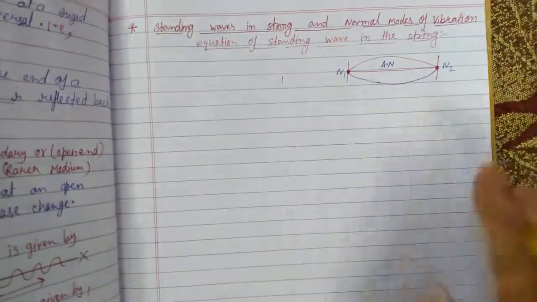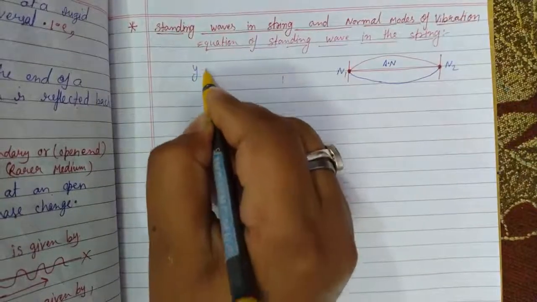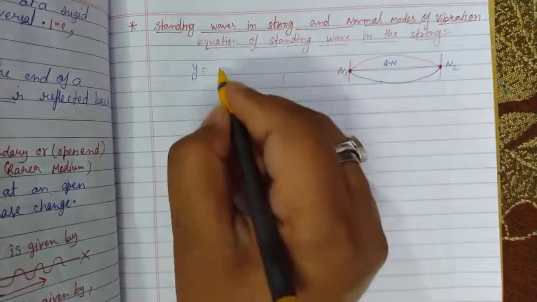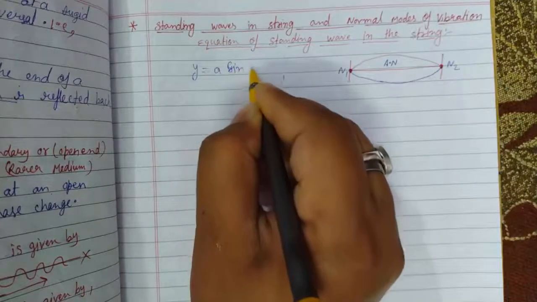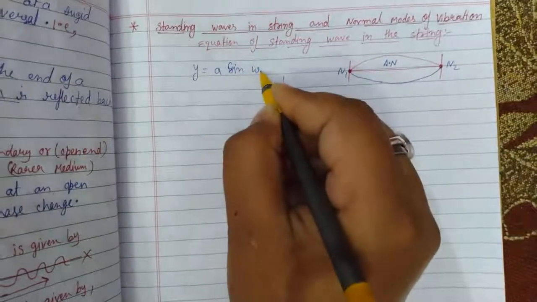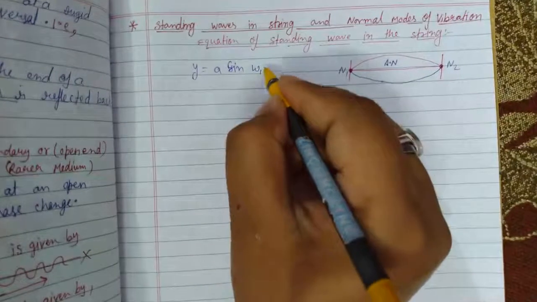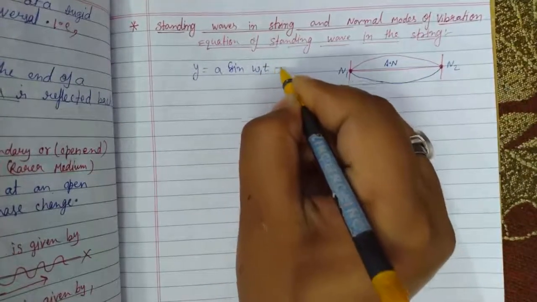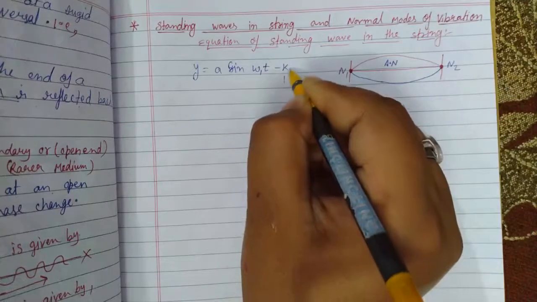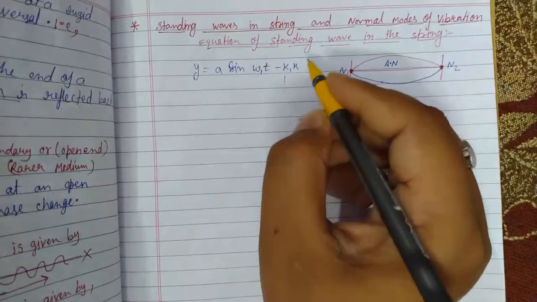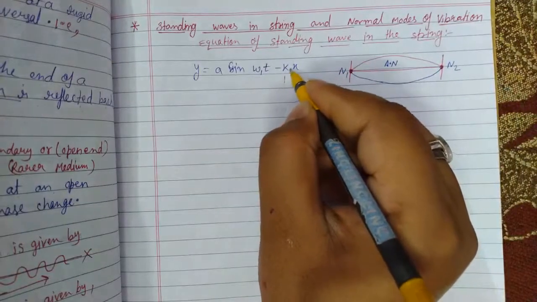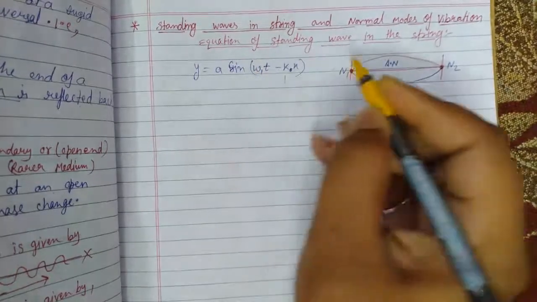Let the displacement of the incident wave be y1 equal to A sine omega 1 t minus kx.